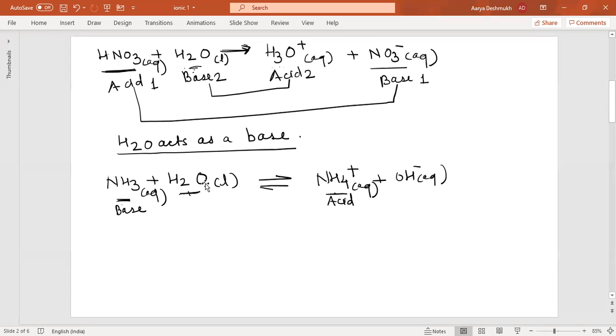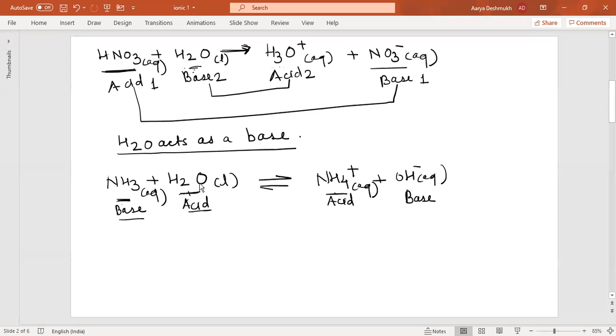Since this water molecule is losing a proton, it can act as an acid here. And this you can write as a base. So NH3 accepts a proton from water to form NH4 plus, and ammonia here is acting as a base.